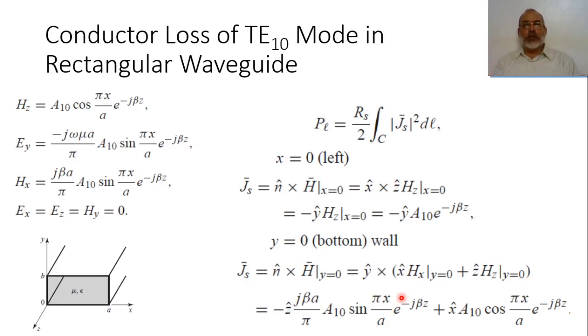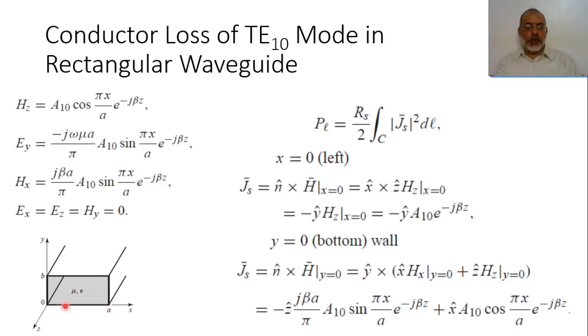For the conductor loss at the transverse electric 10 mode, the conductor loss will be proportional to the surface resistance multiplied by the current squared, and the square value of the current is proportional to the square of the tangential magnetic field.